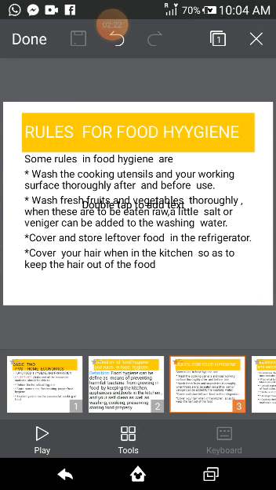Two, wash fresh fruits and vegetables that we are going to eat raw with a salt solution or vinegar solution. This will help to reduce the microorganisms in them.